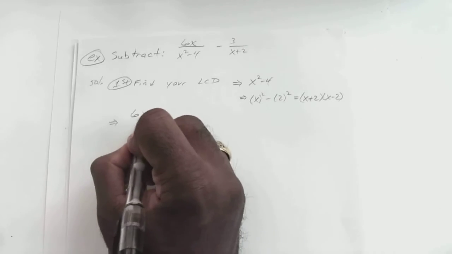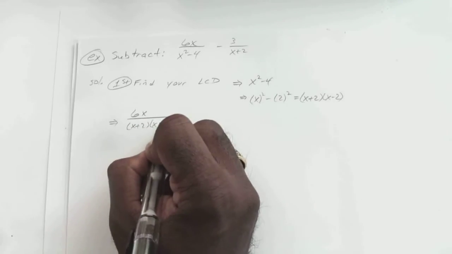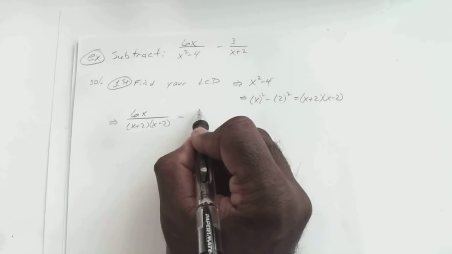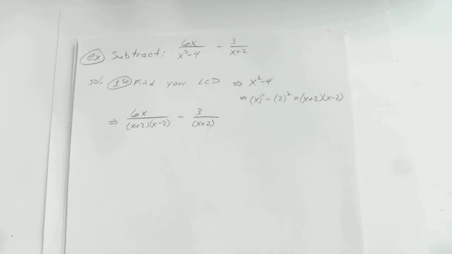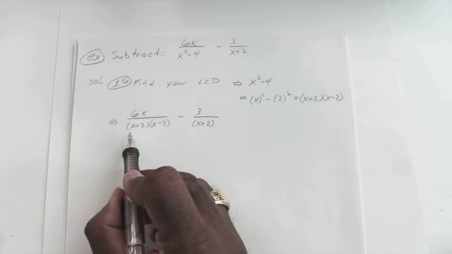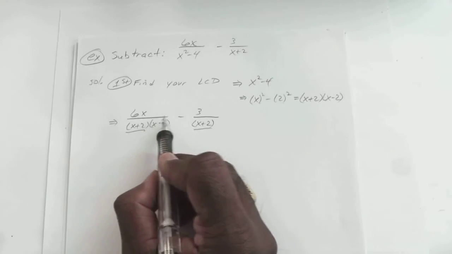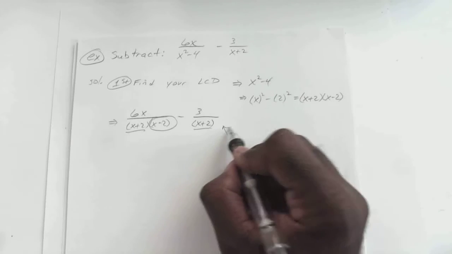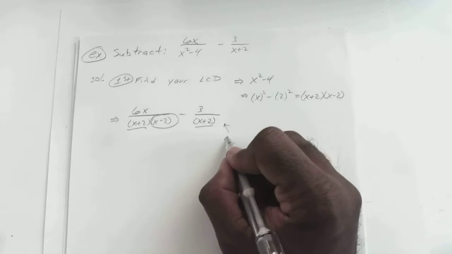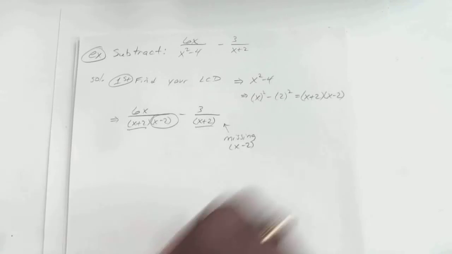Okay, so we have 6x over x plus 2, x minus 2, minus 3 over x plus 2. Okay. Now if we wanted to match those up, we see we have x plus 2 and an x plus 2. We have an x minus 2 here, but we don't have one here. So we know we're missing an x minus 2.